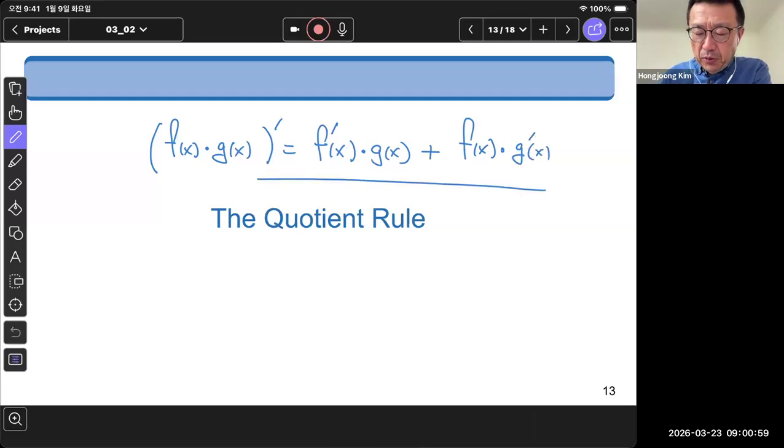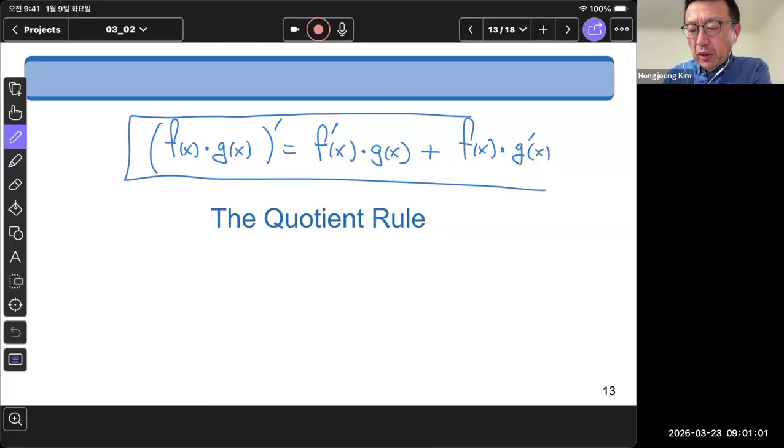So that was the product rule. So that was the derivative when the product of two functions is given.